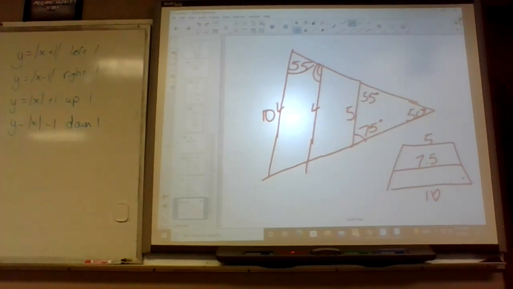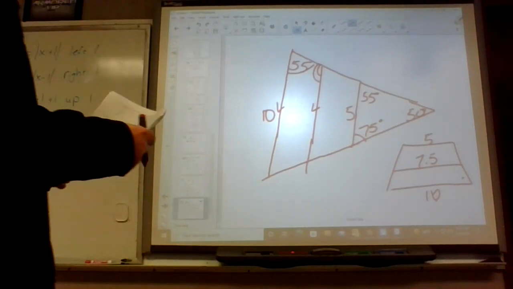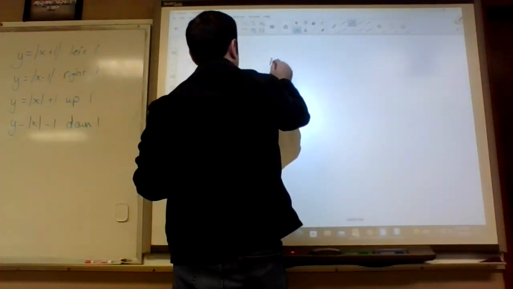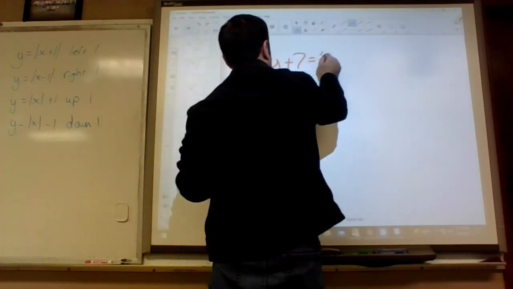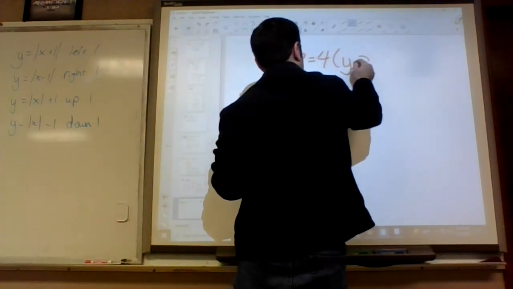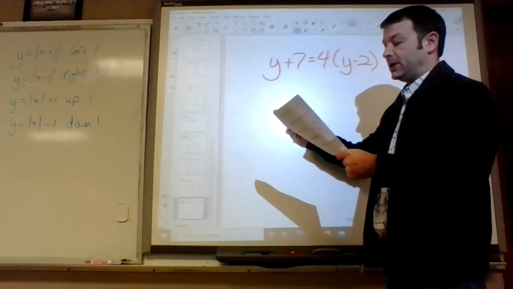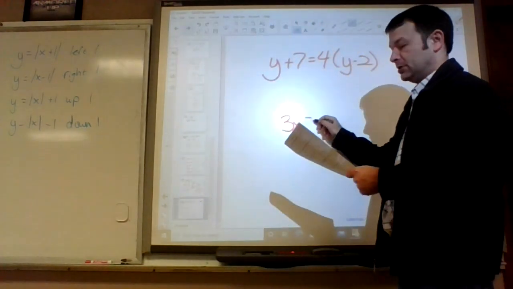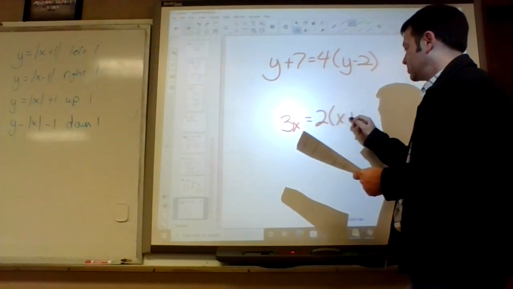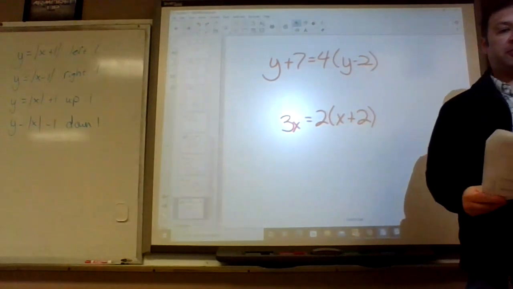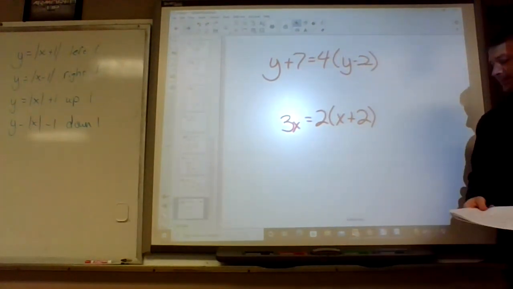So y plus 7 needs to equal 4y minus 2. We solve that for y, and then 3x needs to equal 2x plus 2.